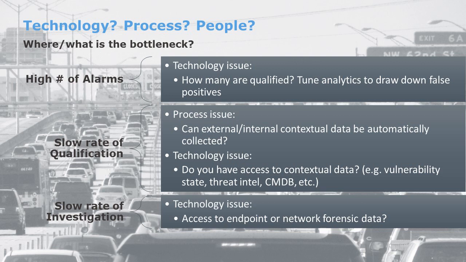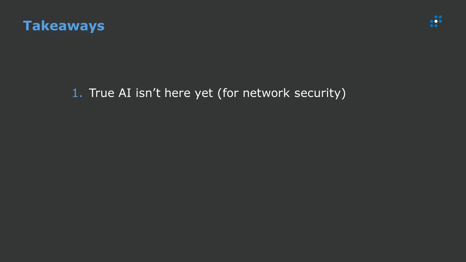Okay, so let's wrap up with a few key takeaways here. True AI isn't here just yet, at least not for network security. You can make your own judgments in other spaces, but machine learning is certainly well on the way. That said, machine learning is not a silver bullet for all of our security needs.